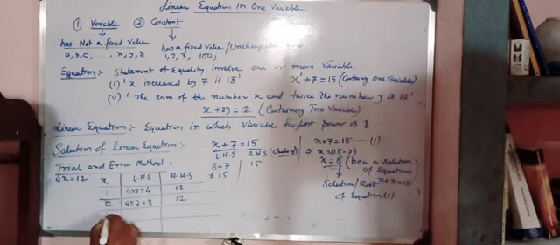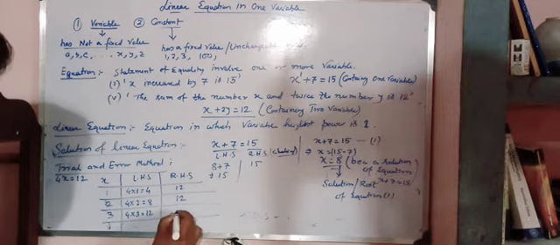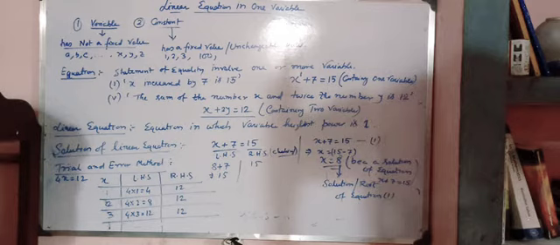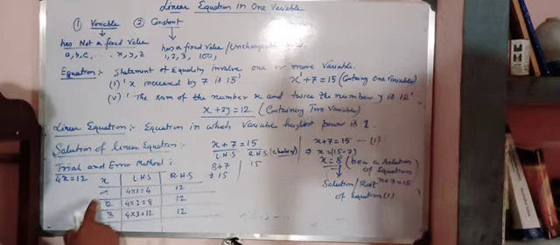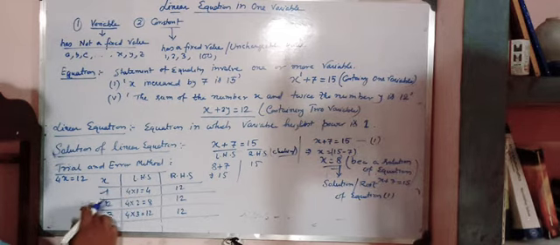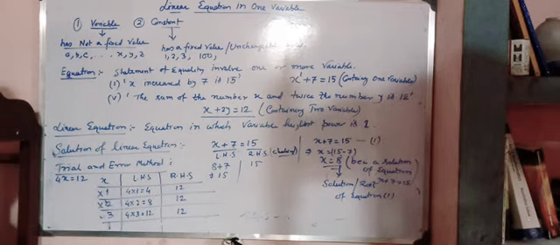We are taking x equal to 3. We are getting 4 into 3, that is 12, and here RHS is equal to 12. So by trying, x equal to 1 is not a solution, x equal to 2 is also not a solution, but 3 is a solution.